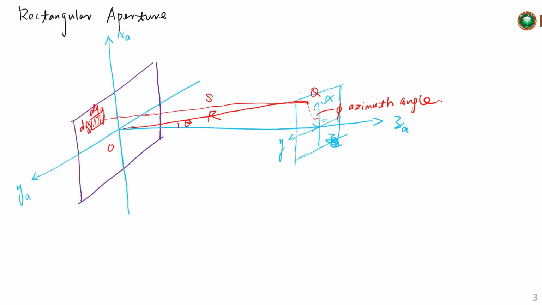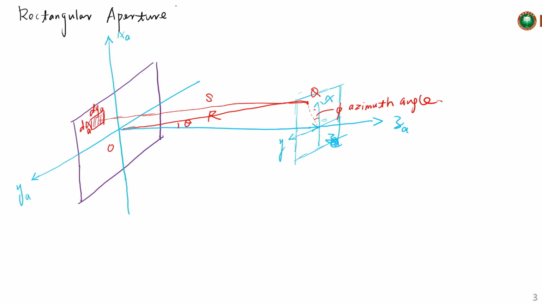So now we can express the electric field at the unit area. Firstly, we have an assumption that the electric field over the whole aperture is uniform. That means they have identical values of the electric field.